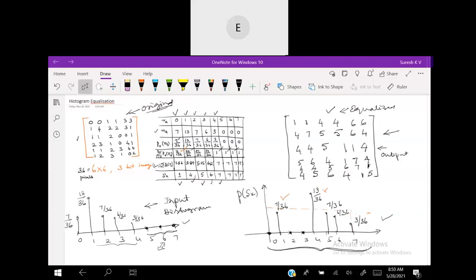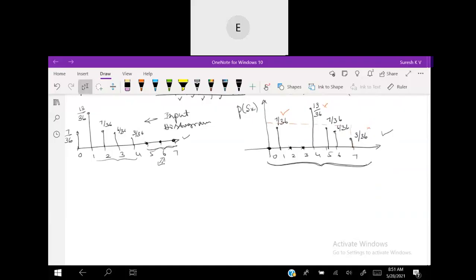Yes. Now see, this is a peculiar case where every input gray level value is mapped to a unique value at the output. But there are places where two of the input gray levels will map to the same output gray level. Let us make an assumption.